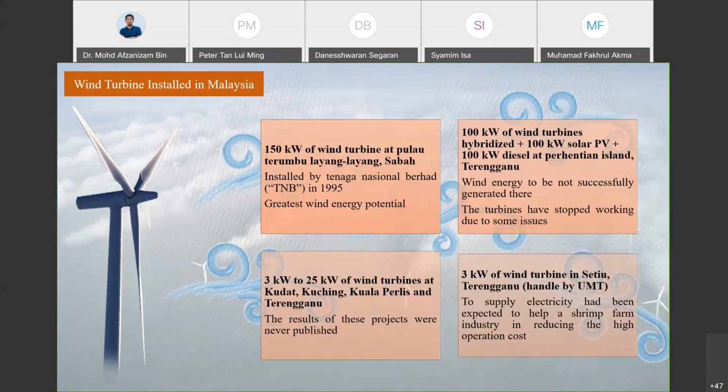However, whether it is successful or not, UMT has not shown us the result, so it cannot be stated whether it has been successful or not. But UMT has shown that it had studied installing wind energy to help the shrimp farm. That's all for me.